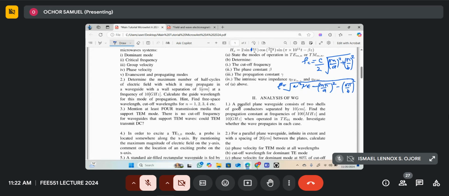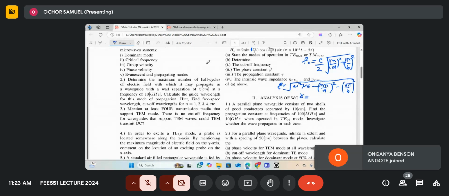Okay, anyone with a contradiction? And propagation constant? Excuse me, I think the formula you have given for the cutoff frequency is for free space. Okay, let's open Dr. Akon's notes. We check.